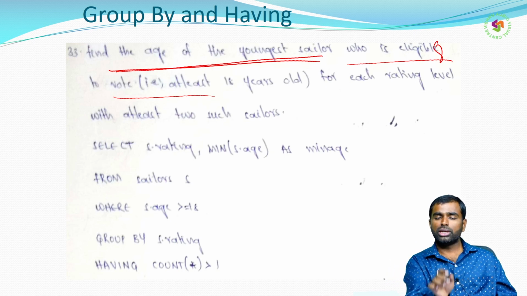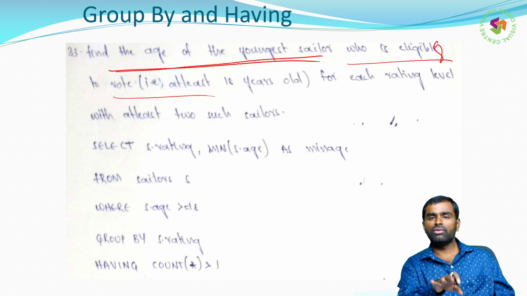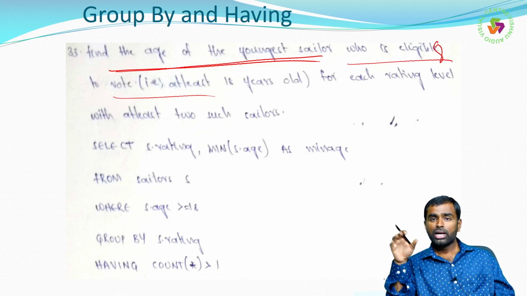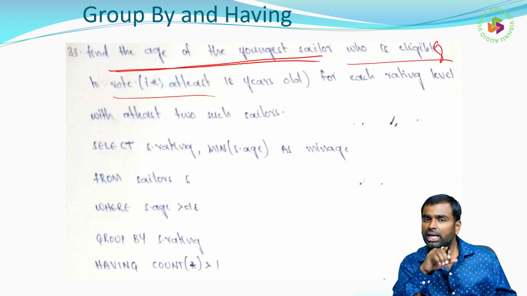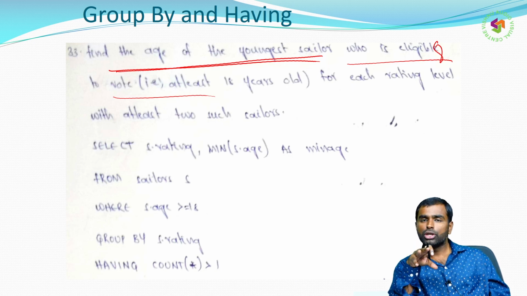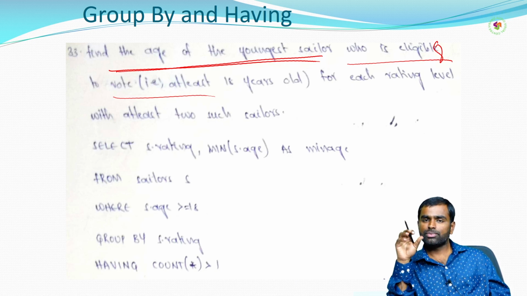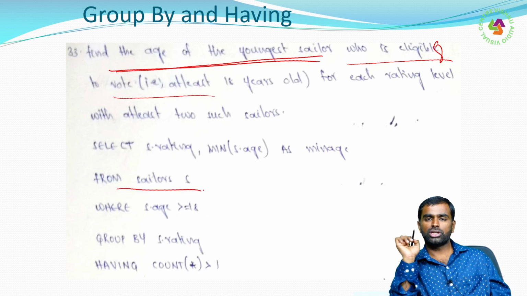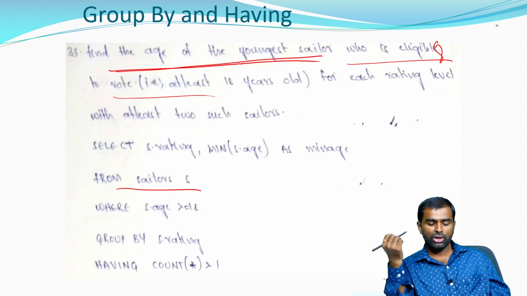What is in the find portion has to be given in the select portion. The tables you need to retrieve the data from, and the columns you need to access for the answer, you give in the from portion. From however many tables you need, you can give all those tables here.